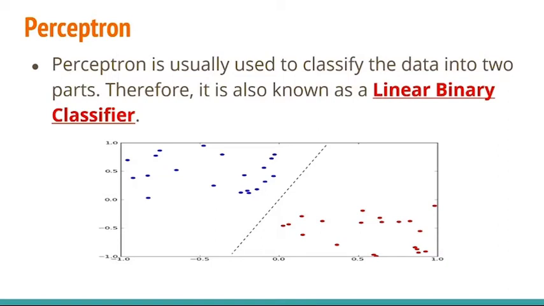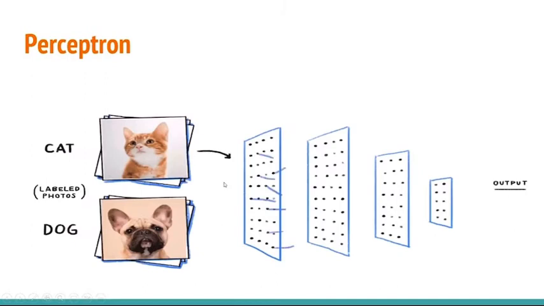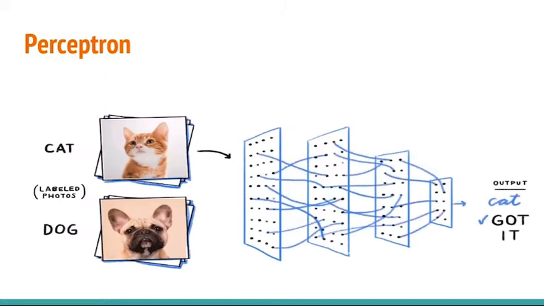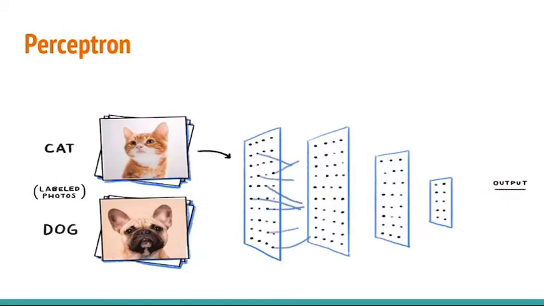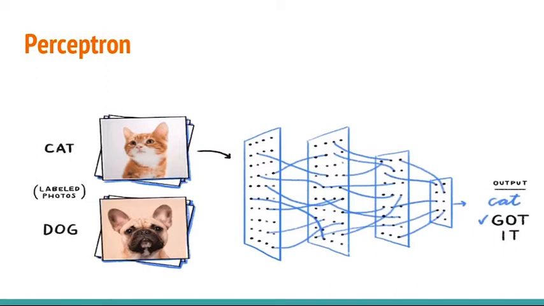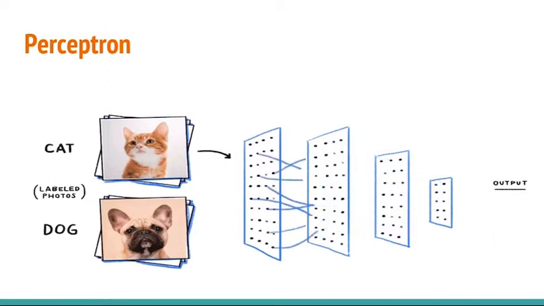Take a look at what I have here now. The perceptron will enable you to classify the blue points from the red points. Just like that, you have some features, and the output on these features is either going to be a cat or a dog.